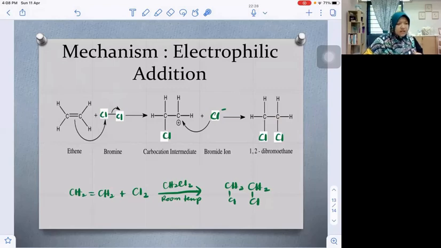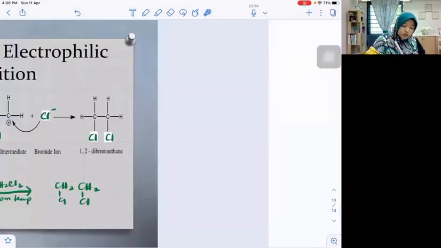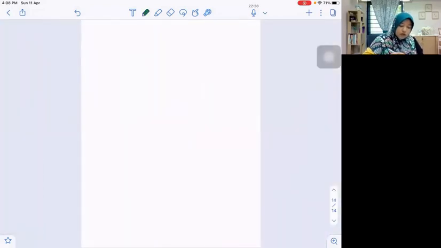The same thing happens in the hydrogenation reaction. Let me show you the example, the hydrogenation reaction of ethene.